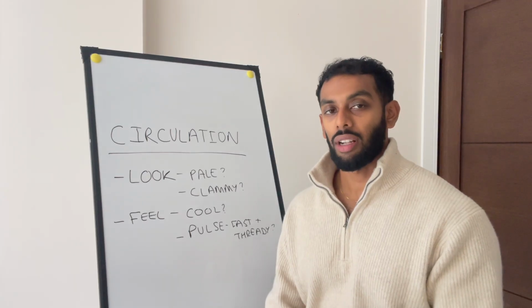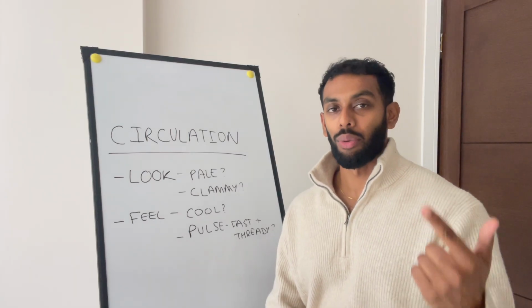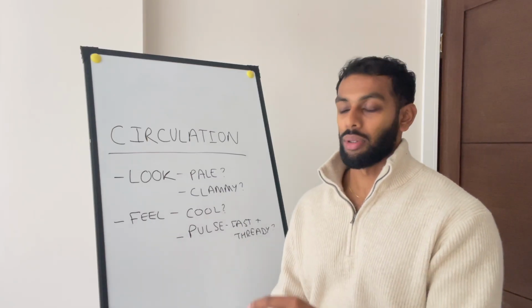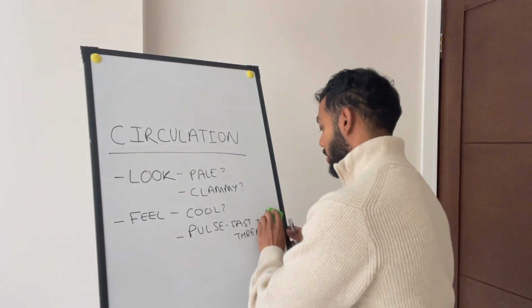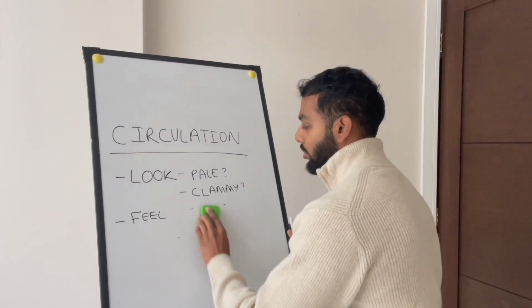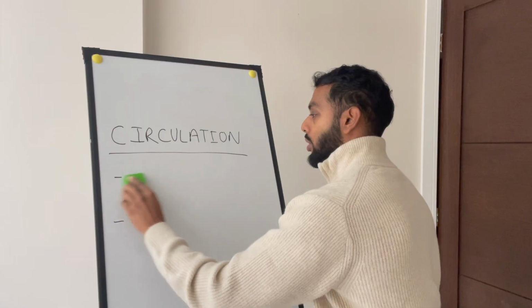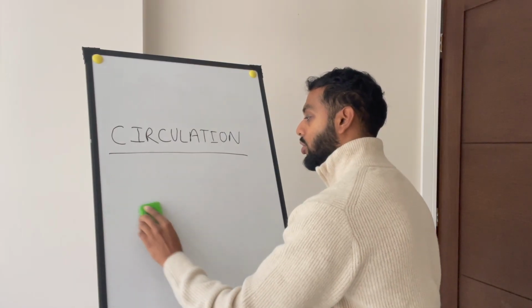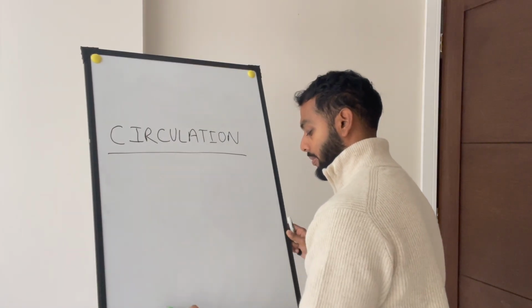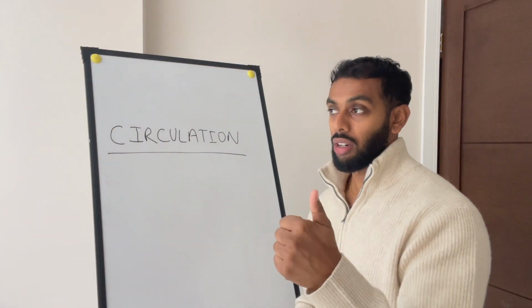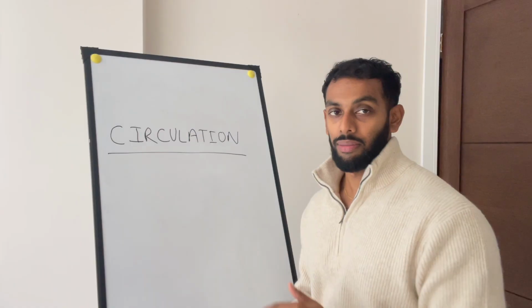Okay? Just like we did for airway and breathing, you need to confirm that with numbers. So we look at the vitals. With the vitals, once again, there are 2 parameters we look at. We want to know about the heart and the blood function, right?